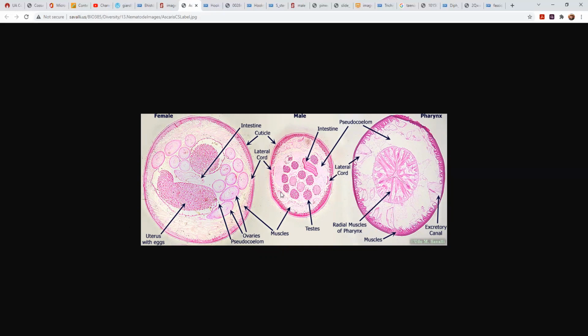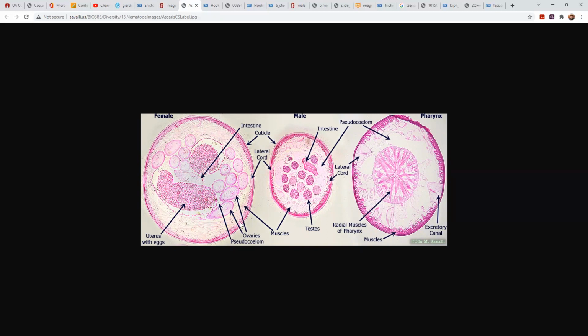You'll notice in the female, you see this large uterus that is full of eggs, and there are actually 2 of them here. Then you'll notice a lot of ovaries. They have multiple ovaries, and then a tiny little intestine in there, and the muscle going around the outside.